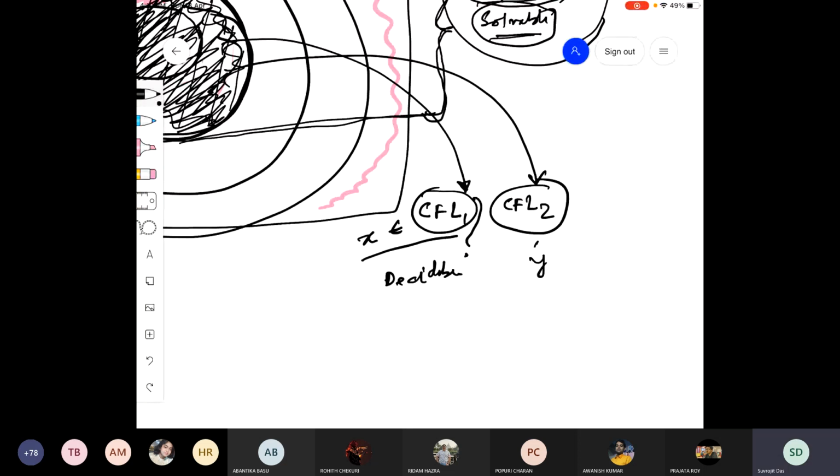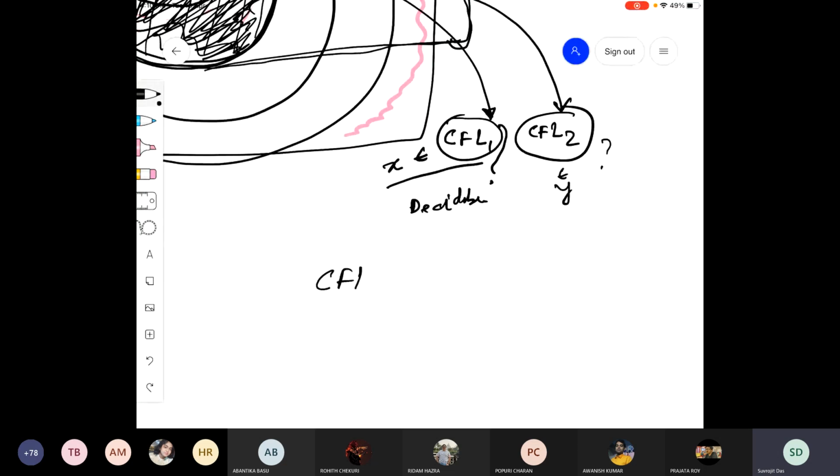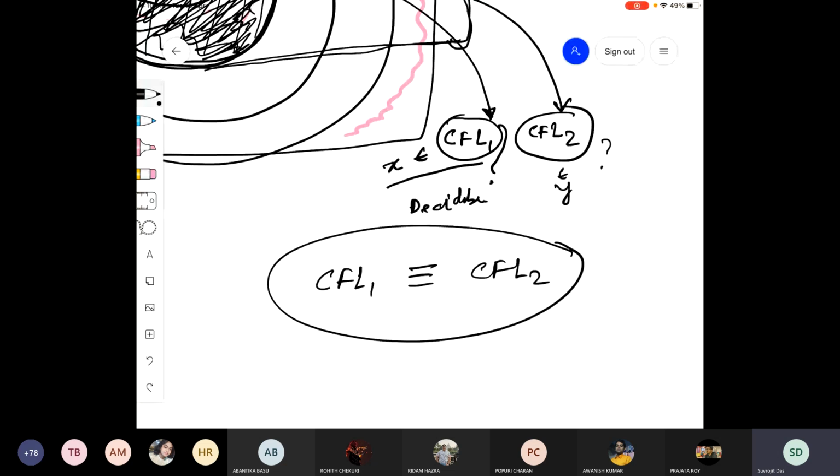Y, and ask you whether Y belongs to context-free language L2, this is also decidable. But if I ask whether context-free language L1 is equivalent to context-free language L2, that is not a decidable problem.